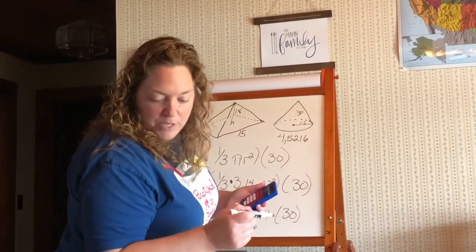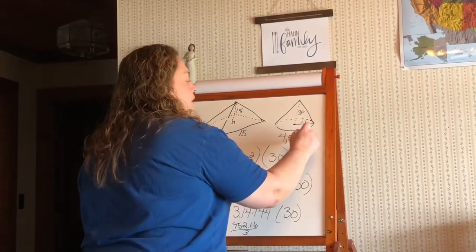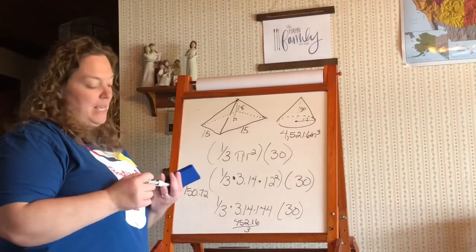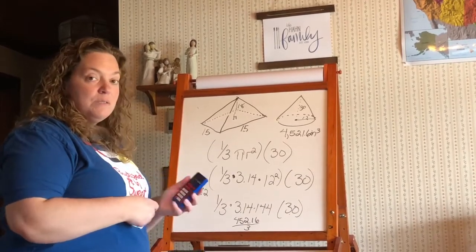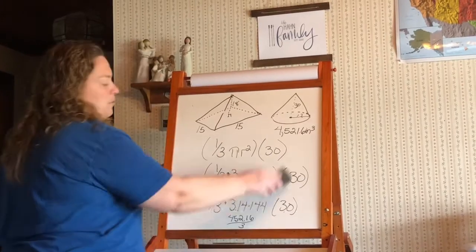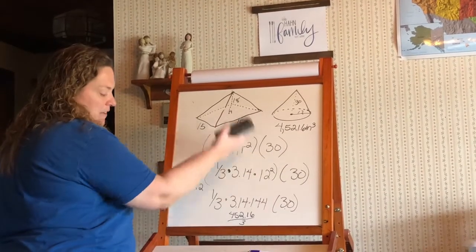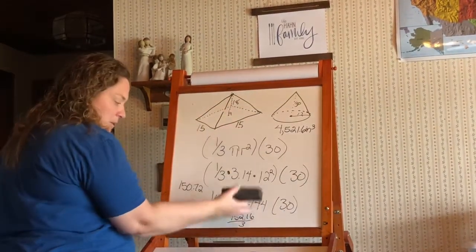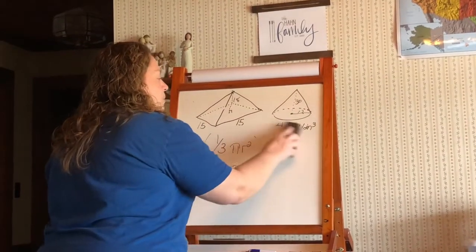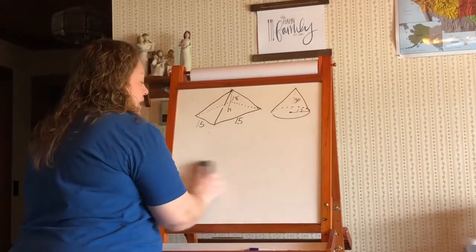Our unit of measure is inches, and it's volume, so it's cubed. Okay, lots of steps, but you can do it. You just have to take your time and work out the steps. Hopefully, if I didn't run out of room, on your paper you'll continue to be able to be going down. So that's volume of a cone and a pyramid.